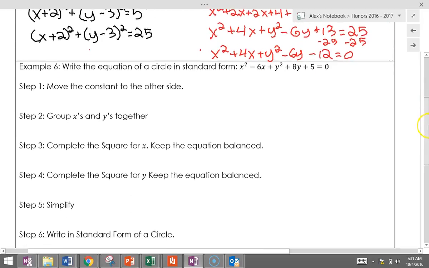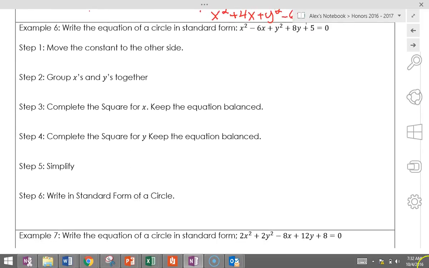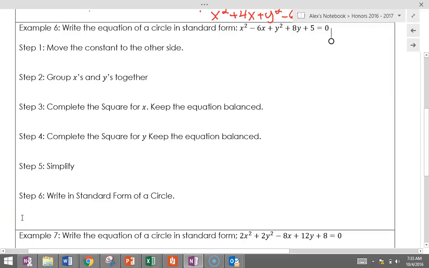So let's look at example 6. Example 6 says write the equation of a circle in standard form. So I have x squared minus 6x plus y squared plus 8y plus 5 equals 0. Step 1 says move the constant to the other side. So we're going to look at our constant.